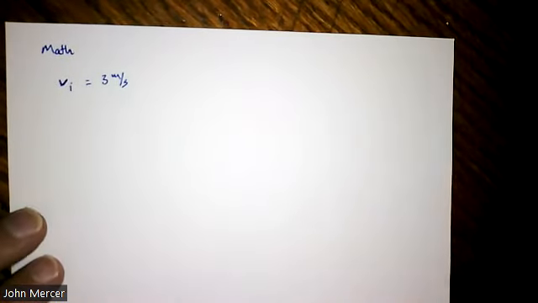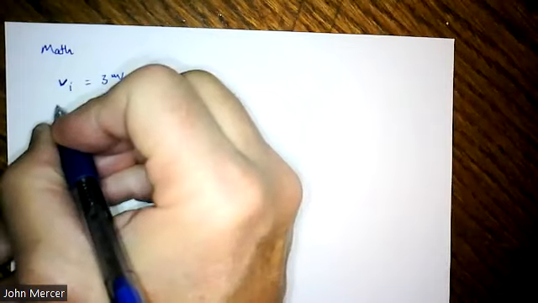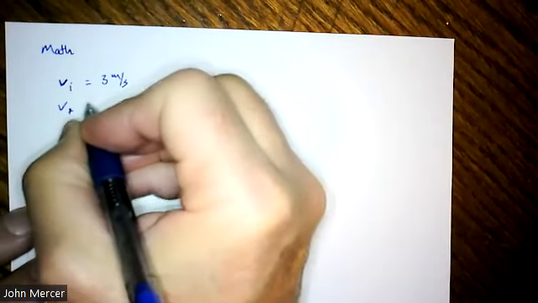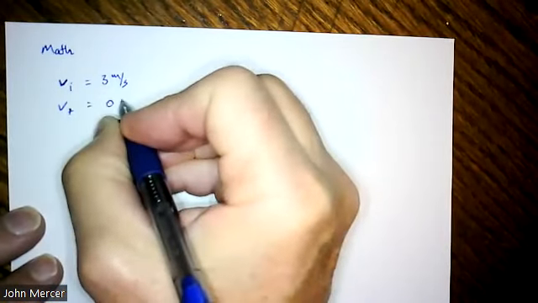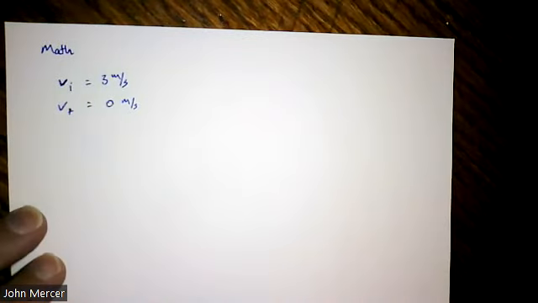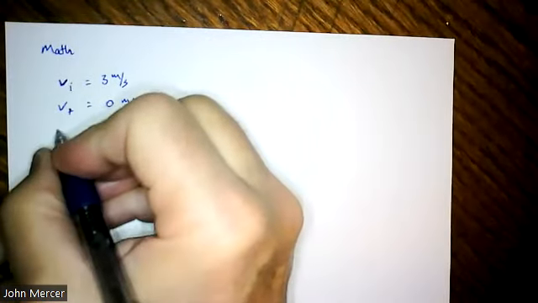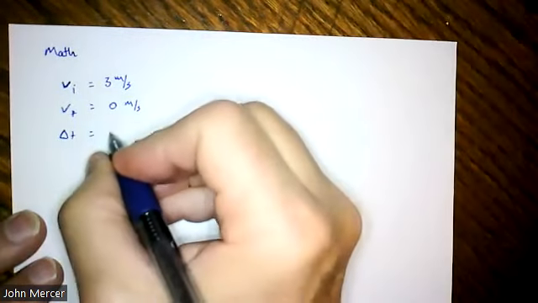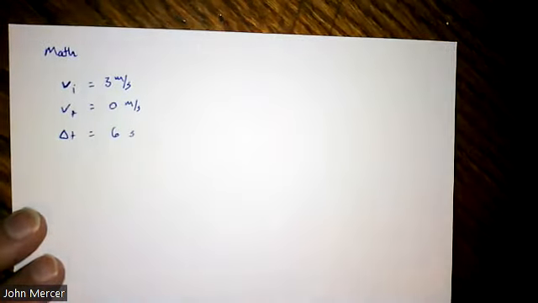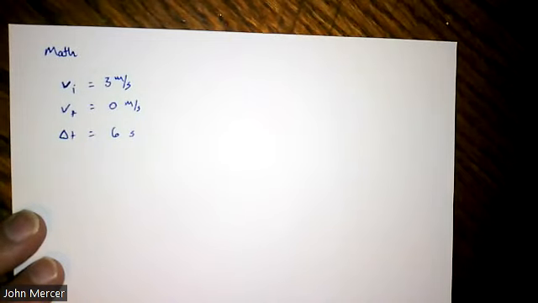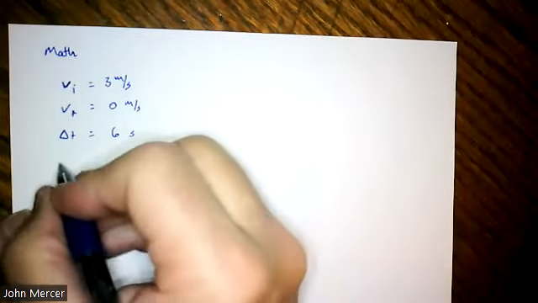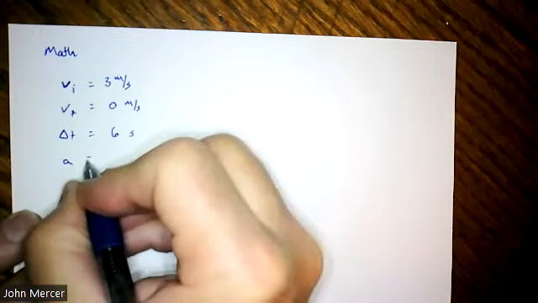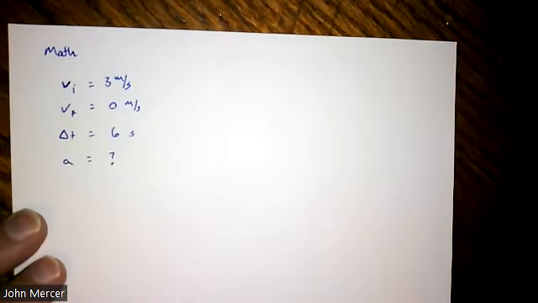And then let's say they start to slow down and they stop. And the time that they stop over, I'm going to do this so it's easy math, it takes me about 6 seconds. Okay? And the question then becomes is what was the acceleration over that time period?